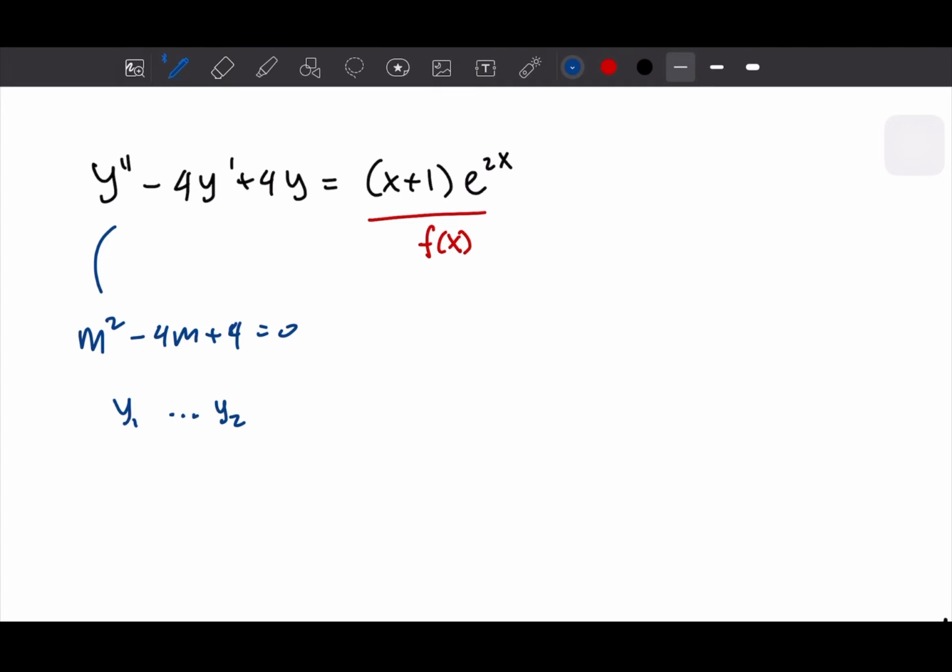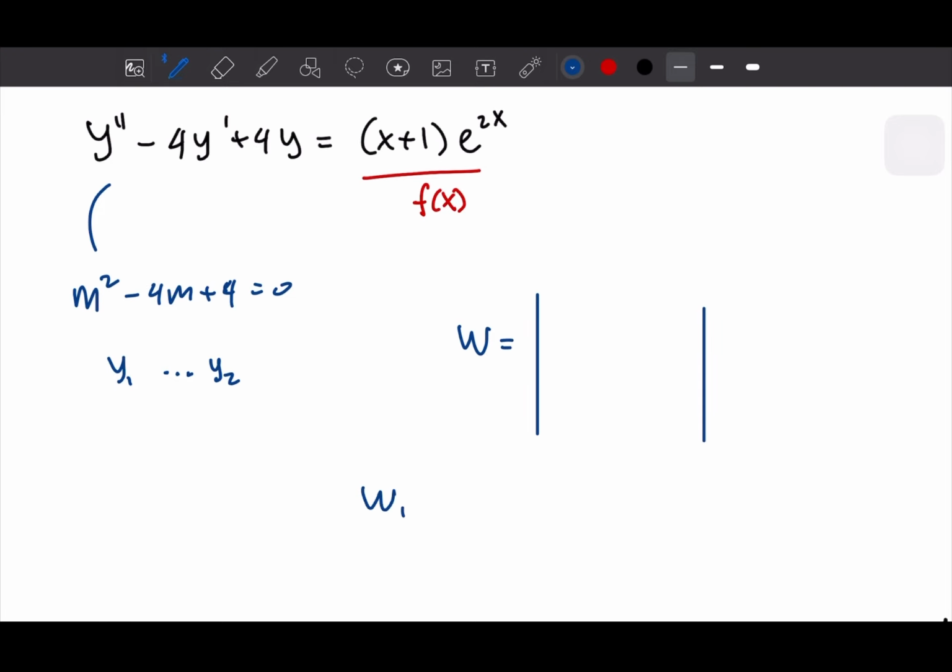If you look at the auxiliary equation, perhaps it will require some e something, right? And then write the Wronskian, and put it into the determinant matrix like that. Find the Wronskian, and then find another one for y1 and y2.